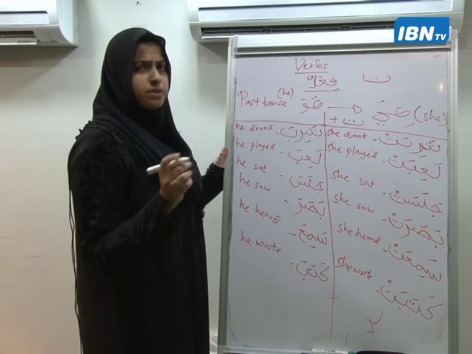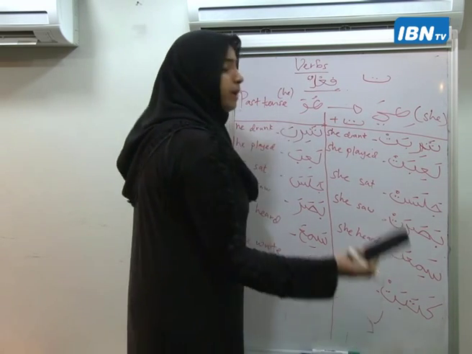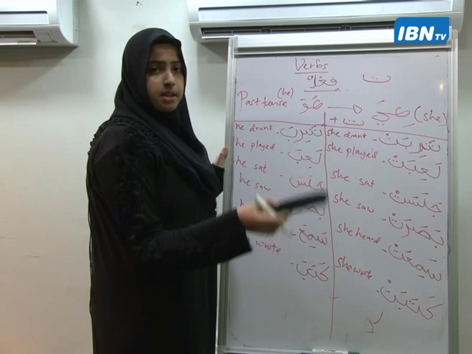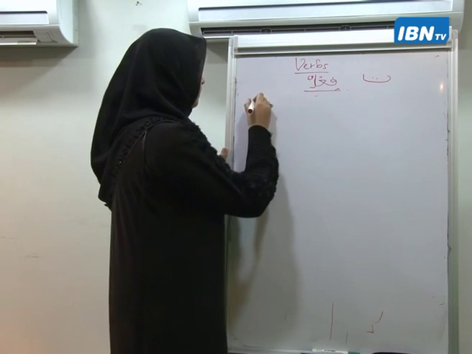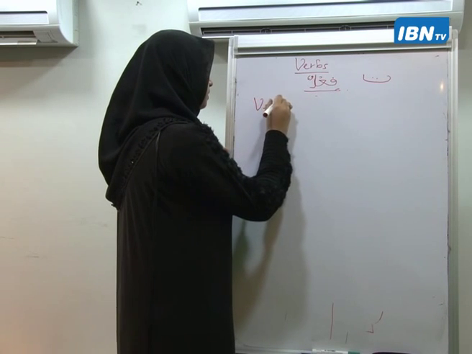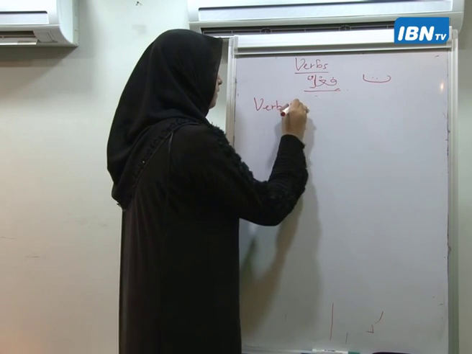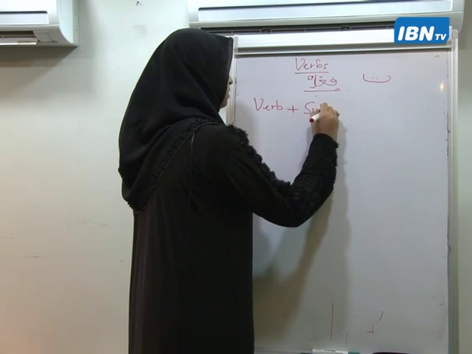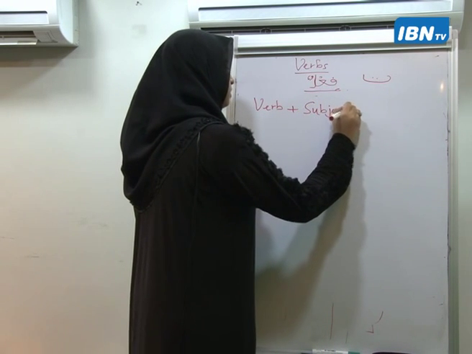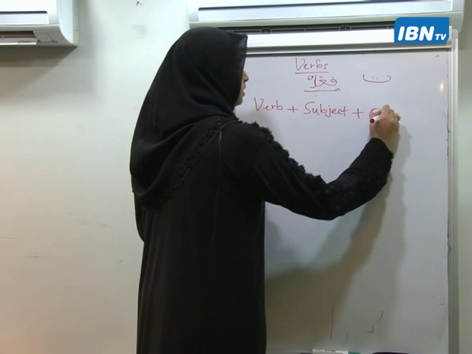Now we'll have a small exercise on how we can use these verbs in sentences. We have the verb, then the subject, and then the object.